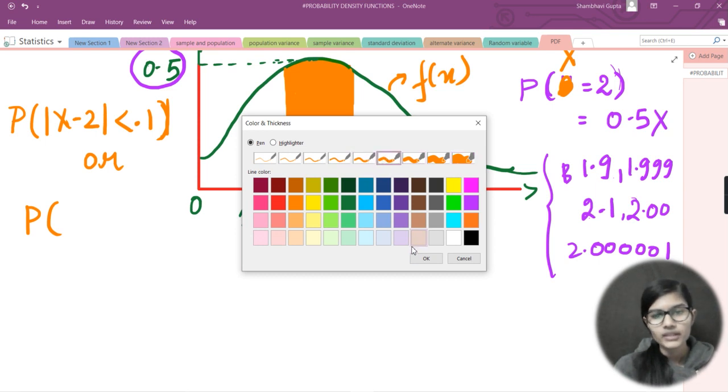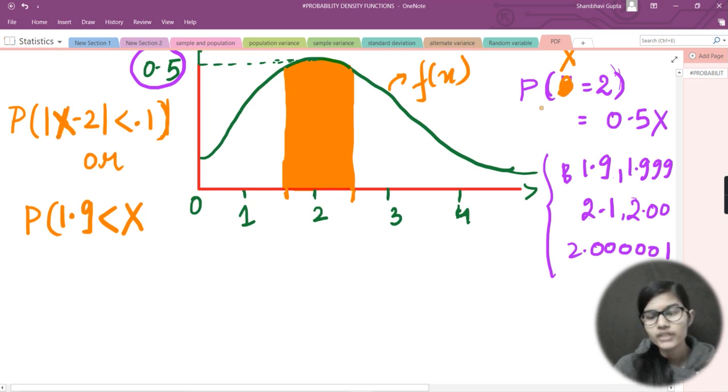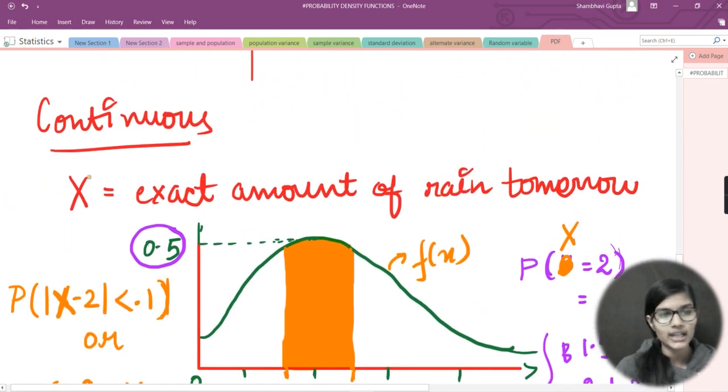Now the probability for x, capital X: 1.9 is less than my X, which is the exact amount of rain that will happen tomorrow. This one is the capital X, don't mix up the small x and capital X. Whatever I have written till now are all capital X, which is the denotation for the random variable, and my capital X belongs to the exact amount of rain tomorrow, right?